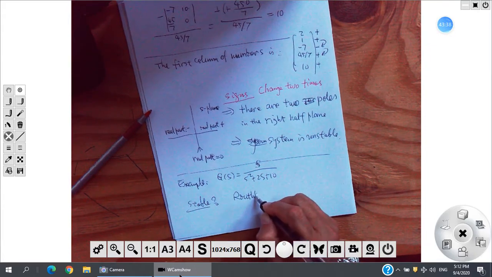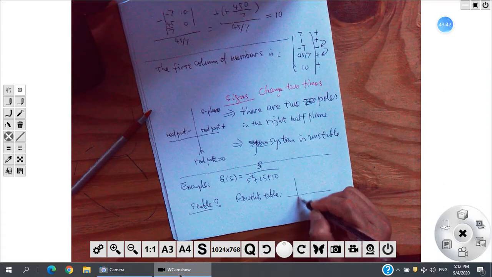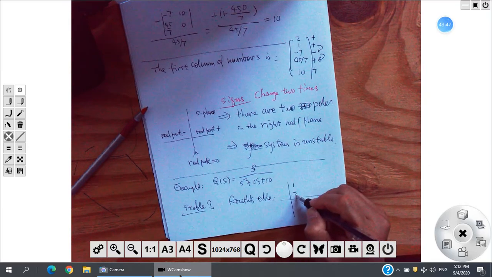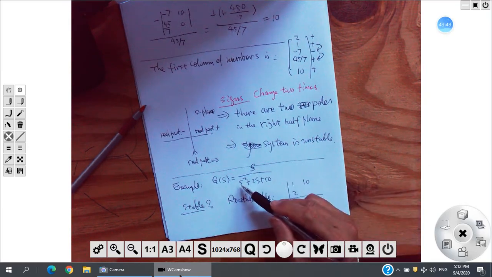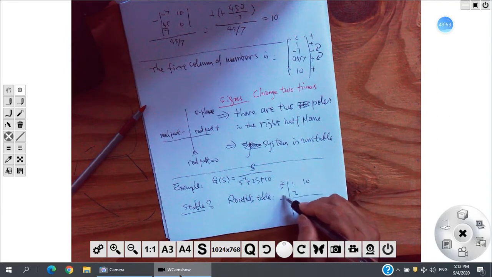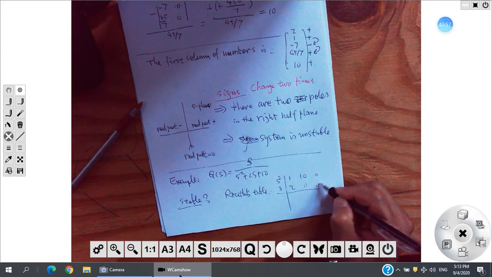Use the table. We give 2 rows firstly. They are 1, 2, 10. Only 3 coefficients. And this is s squared, this is s. All the rest are zeros.